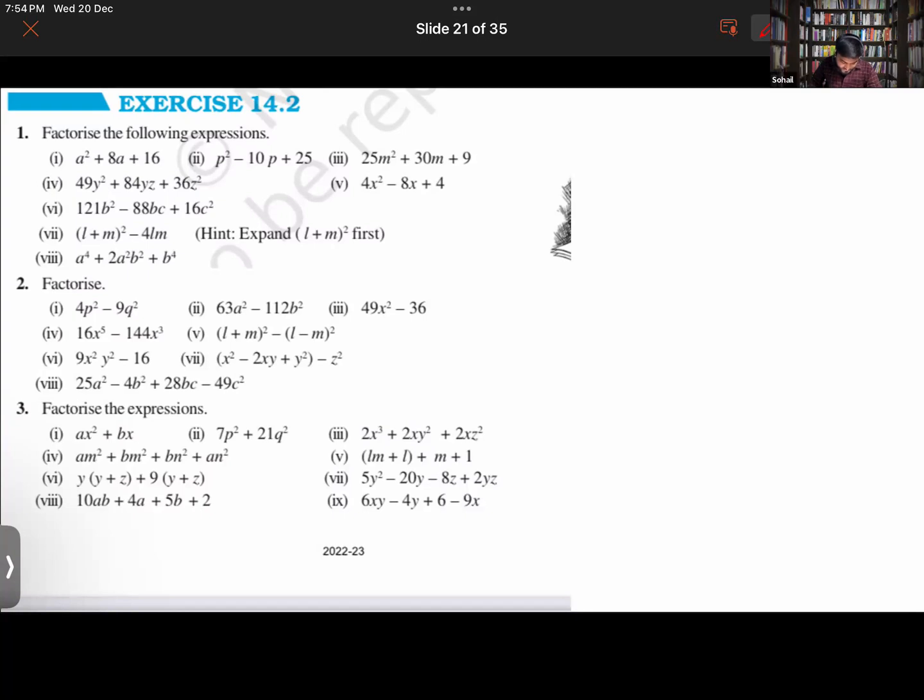So let's take question number 7. This will be solved by Arhan, and then question number 8 will be solved by Arham. Yeah, guys, come on, solve it quickly. Okay, solve it.